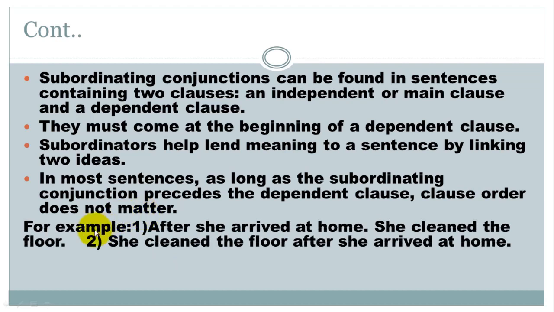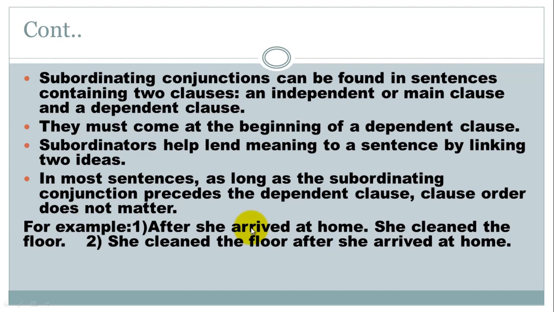For example, the first one: as you can see, this is the subordinating conjunction, after. So, after she arrived at home. She arrived at home, that is the dependent clause. If I tell you this sentence, she arrived at home, you're going to ask me, what's next? What did she do?